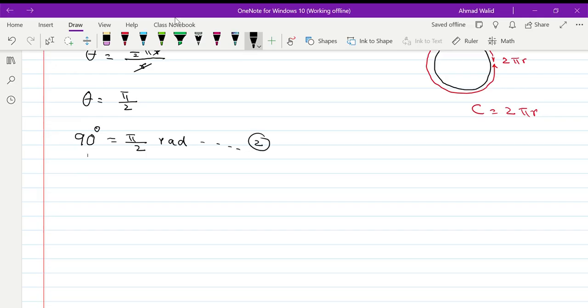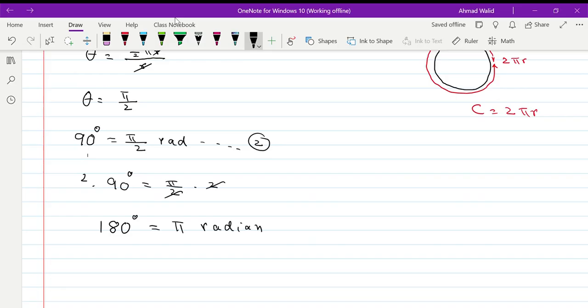Now, from this equation, if I multiply both sides of my equation by 2, correct? I have 90 degrees equals pi over 2 like this. If I multiply both sides by 2, this 2 cancels out with this 2. 2 times 90 degree gives you 180 degree. 180 degree, we name it pi radian.